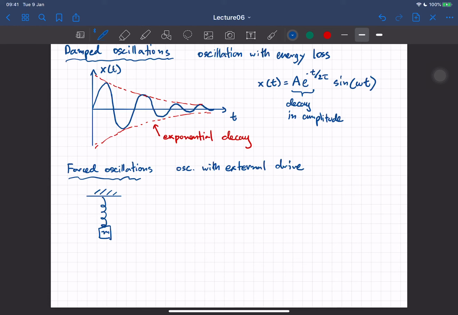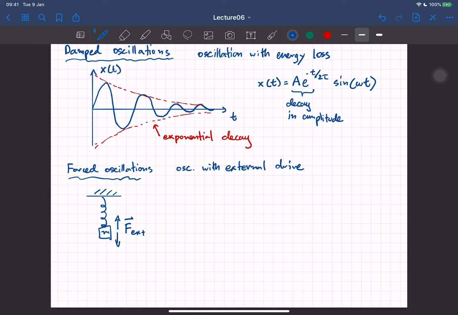And how do you exactly do that? That's another question. But you put in some oscillating external force onto the system. In terms of the car, the engine is providing that extra external force. It's trying to keep the oscillation going.